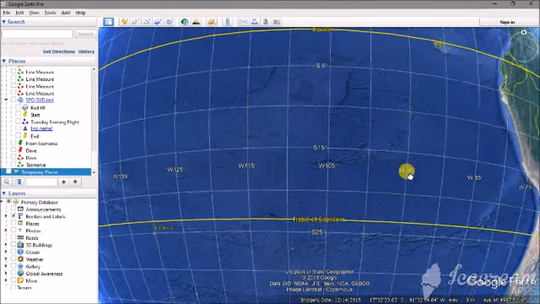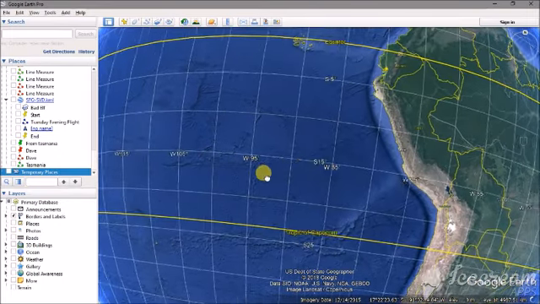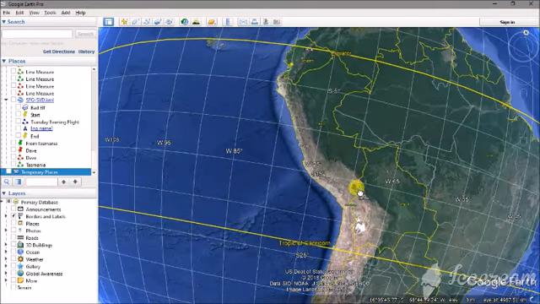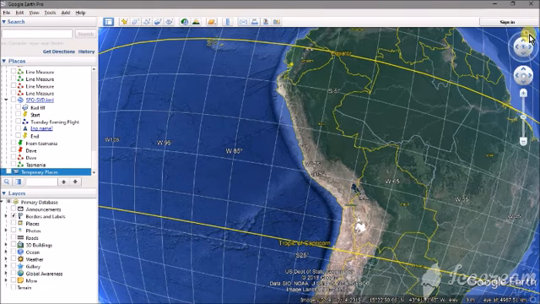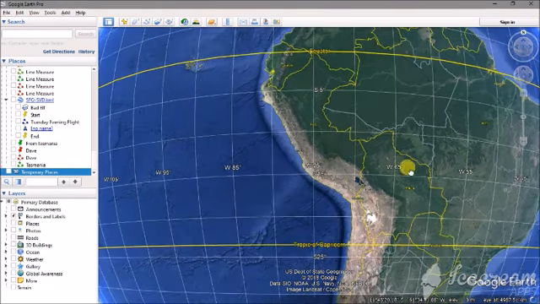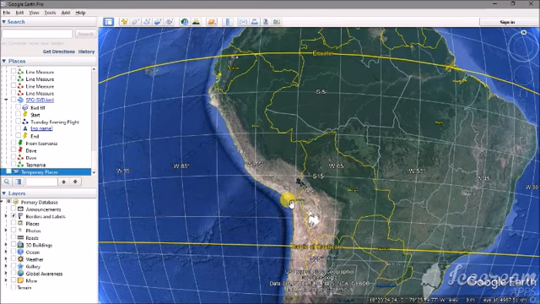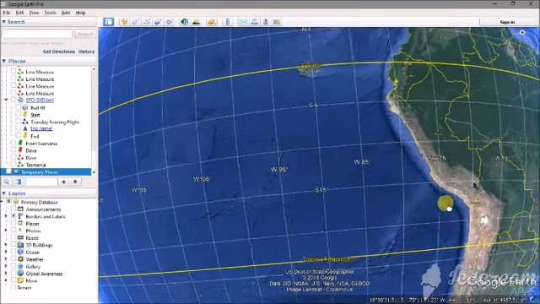Let's see where minus 18 is in South America. Minus 18, as you see on the counter here. Here's the latitude line. Alright, so it's around the same place where I showed you.